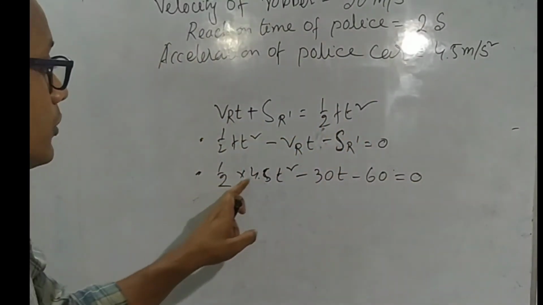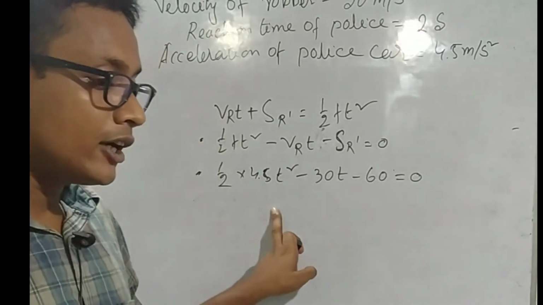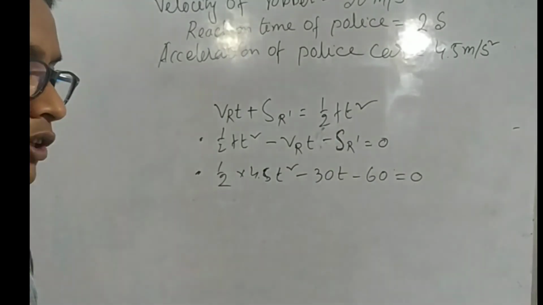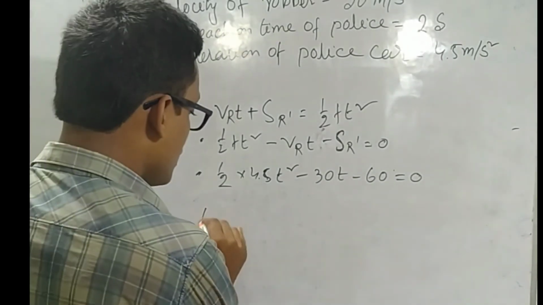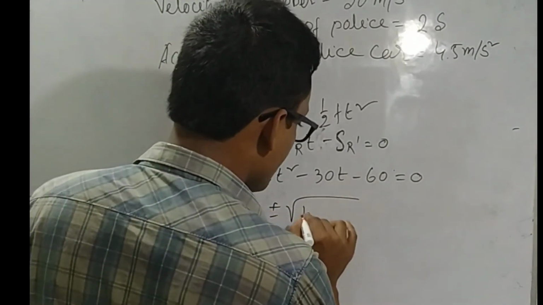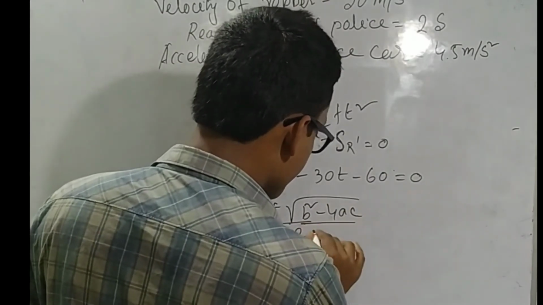Now this is an equation that we cannot solve easily in this process, so we have to use the quadratic formula. So t is equal to minus b plus or minus the root of b squared minus 4ac, all divided by 2a.